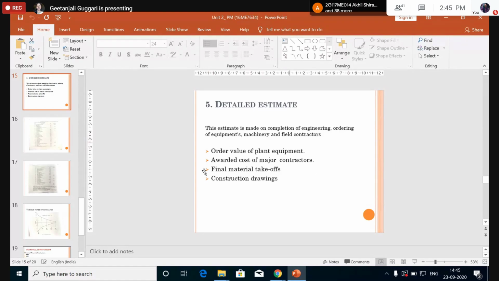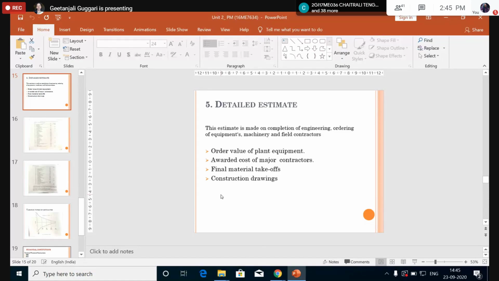Here the order value of the plant and equipment is ready. The awarded cost of the major contractors is also ready. The final material takeoff and the final material cost will also be ready, and the construction drawings will also be ready with you. With all these details, you will be able to calculate the cost estimation of your project at the final stage, with an accuracy level of plus or minus 5%.